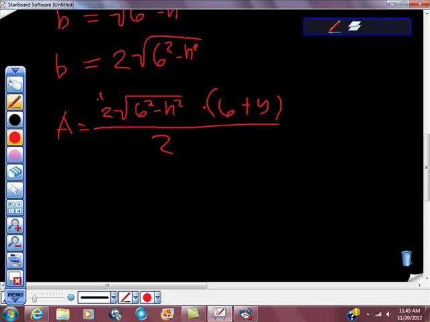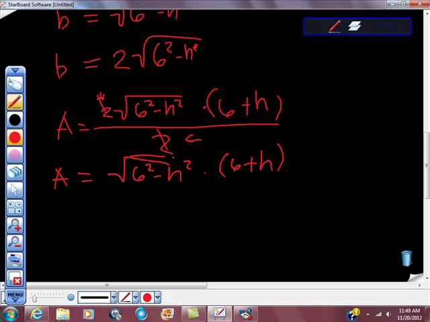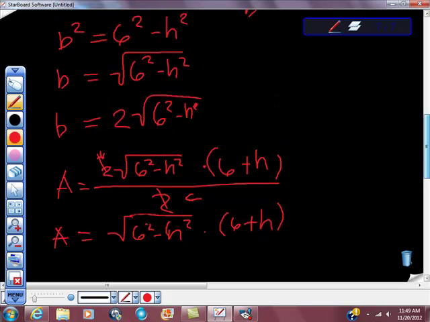Since we already have the 2 here and the 2 here, they cancel each other out. Oh, I'm sorry, I meant to say 6 plus h here. And so now our equation is the square root of 6 squared minus h squared times 6 plus h. There you go. Okay, so that would be our answer for letter A.